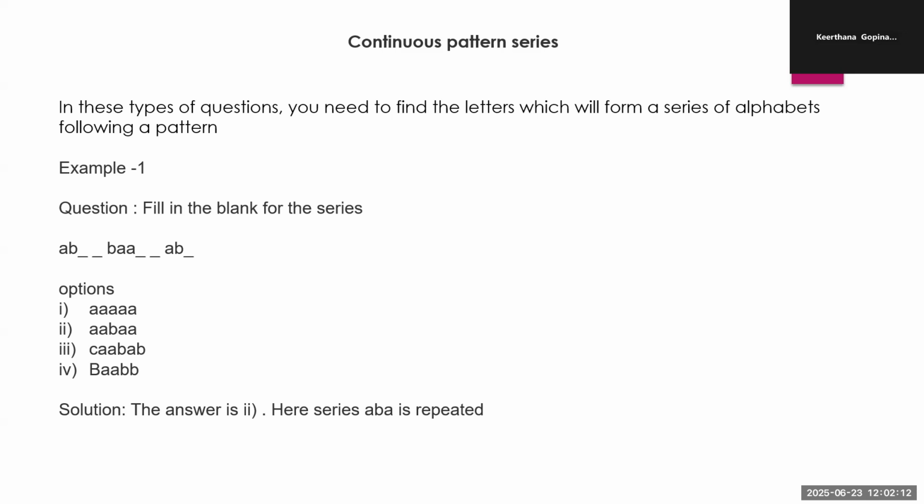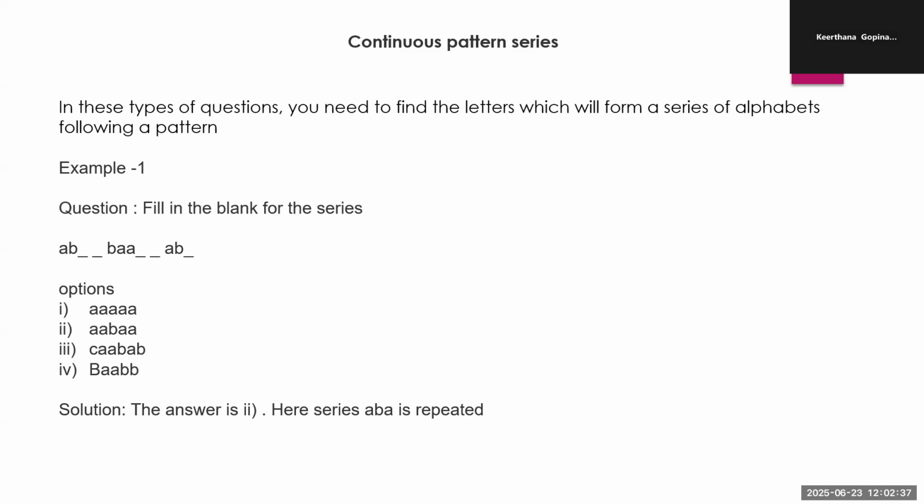Now, if you look at it, AB, then there is BA, and the third letter is a repeat of this. If you look at the second term, you will see BAA, right? So that's a repeat.